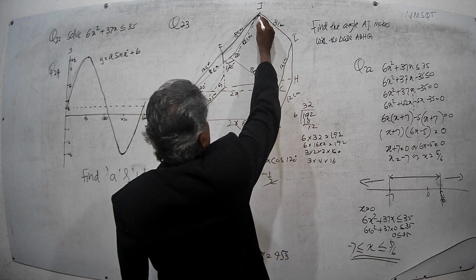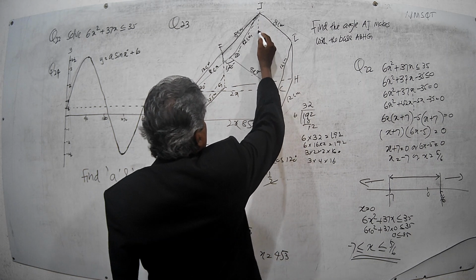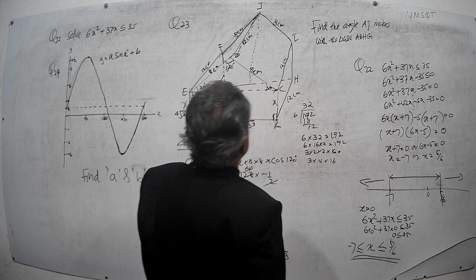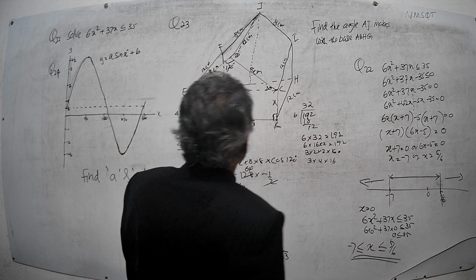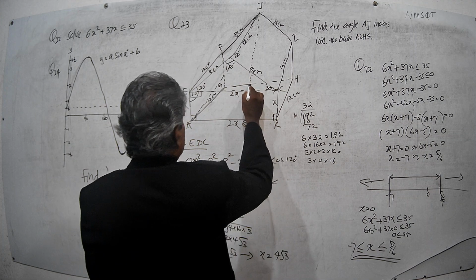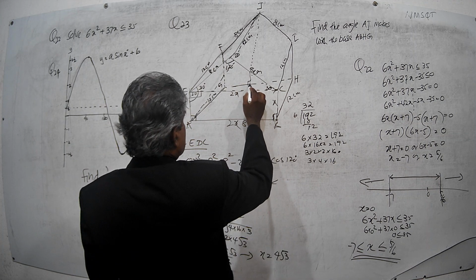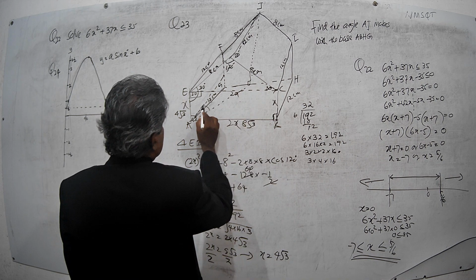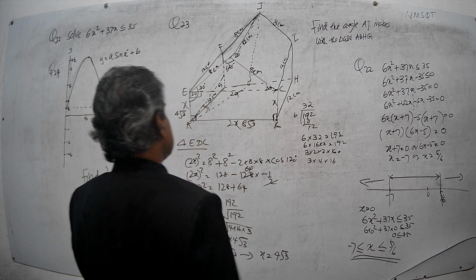Now if you draw this side, that side, and from that one this is 90 degrees, then that one to this one. What they ask is this angle. Then you can use this right angle triangle.